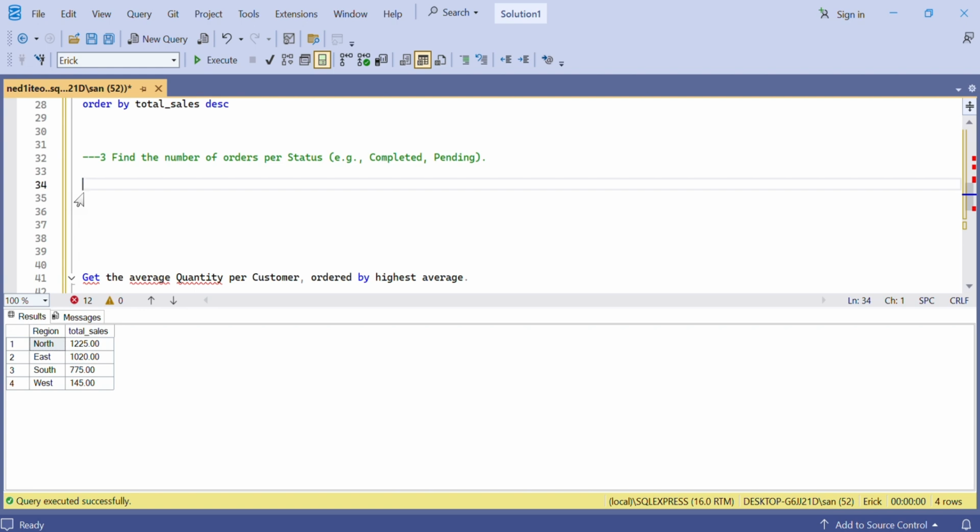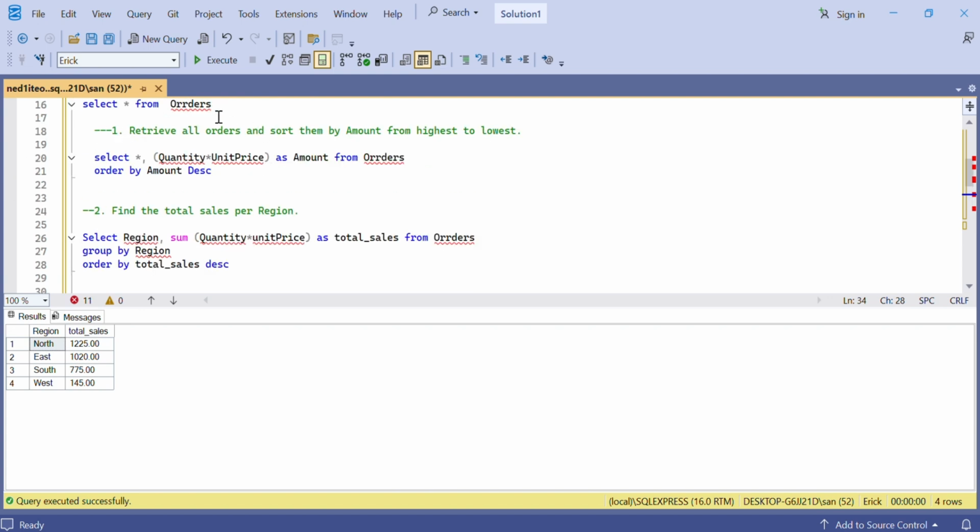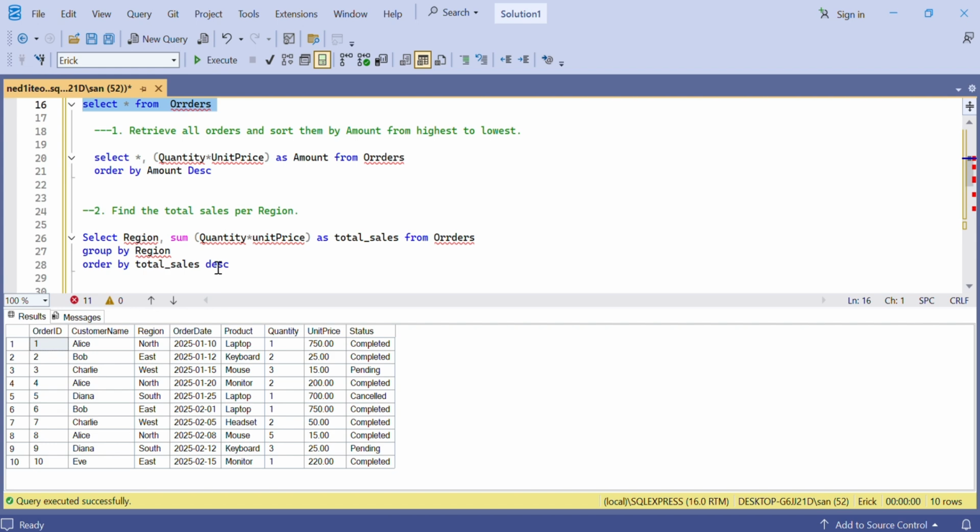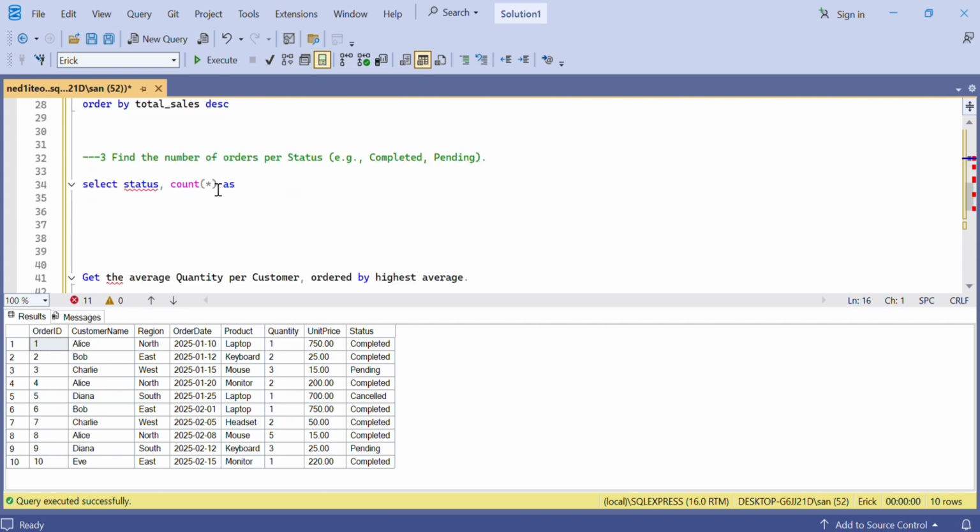Therefore, we're going to write select status and then count star as. Let me run the original one. So we are counting the number of orders, so we can just use order ID.